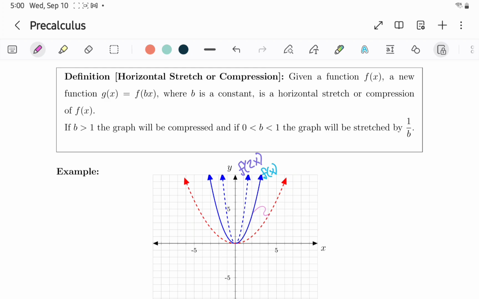So here's our graph of f. And this is x equals 2 over here. And this is the same point on the transformation function, essentially. And that's going to be at x equals 4. So it looks like that now we've stretched the graph by a factor of 2. And so that means that this is going to be equal to f of 1/2 x.